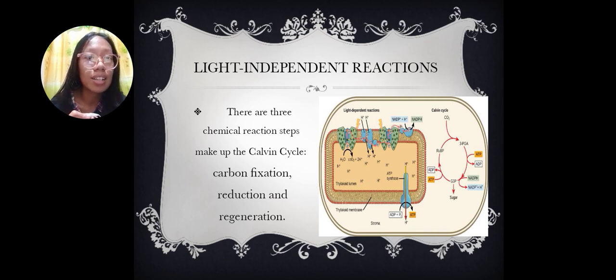It has carbon fixation, reduction, and regeneration. This reaction uses water and a catalyst. The carbon atoms from carbon dioxide are fixed when they are built into organic molecules that ultimately form 3-carbon sugars. These sugars are then used to make glucose or are recycled to initiate the Calvin cycle again.